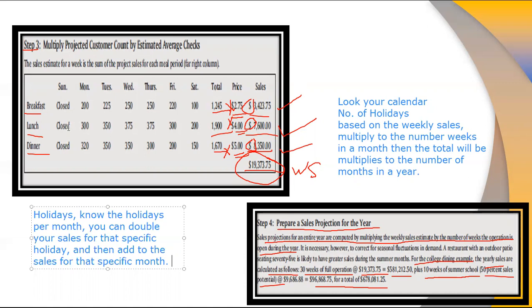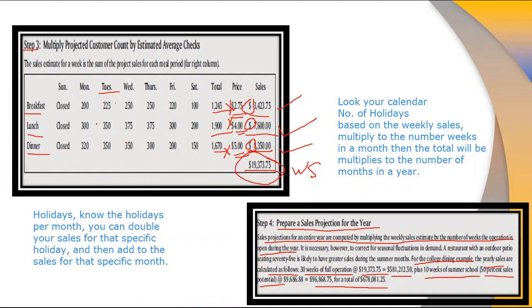So if the holiday falls on a Tuesday, you can double the sales for the Tuesday, and then just add it to the specific month where the holiday is.